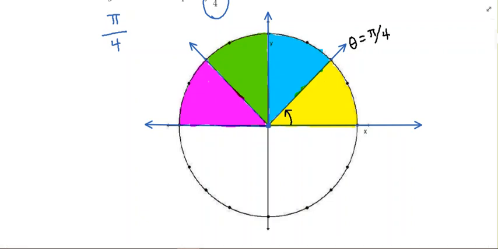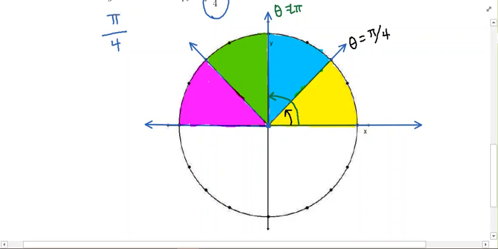So then our next angle, okay? So next, again, we start with our initial side and we're going to rotate 1 pi over 4, 2 pi over 4, okay? So this angle right here is going to be 2 times pi over 4, okay?